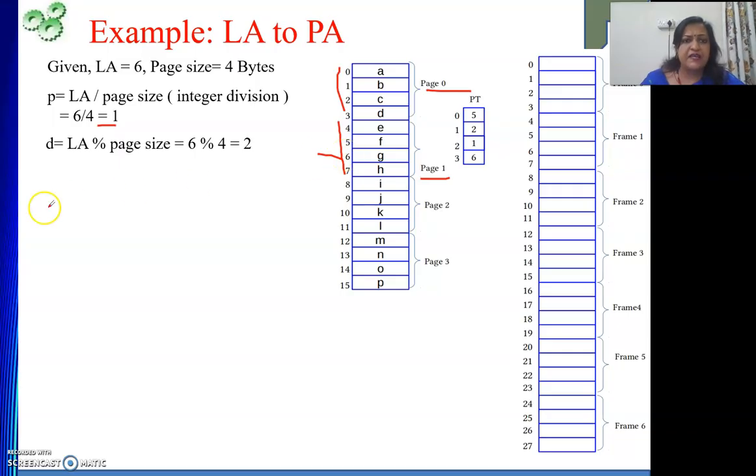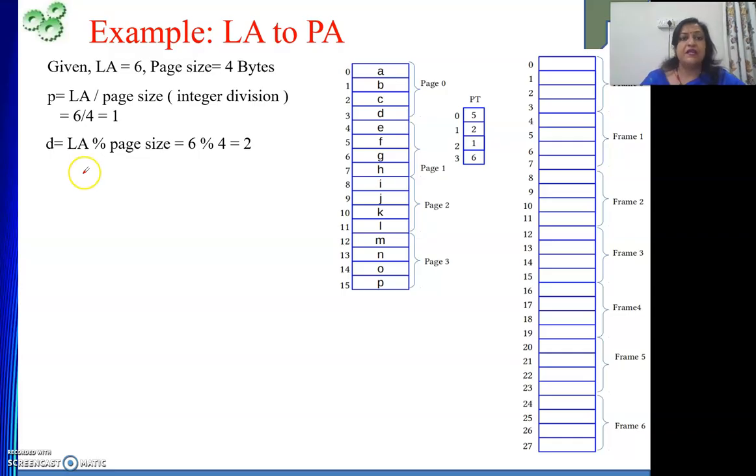And in page number 1, how far is it located? This is offset 0, this is 1, this is 2. So if I know the beginning of page number 1 and I go 2 steps down, then I will get my actual logical address 6. So from this logical address 6 we have retrieved page number and offset.